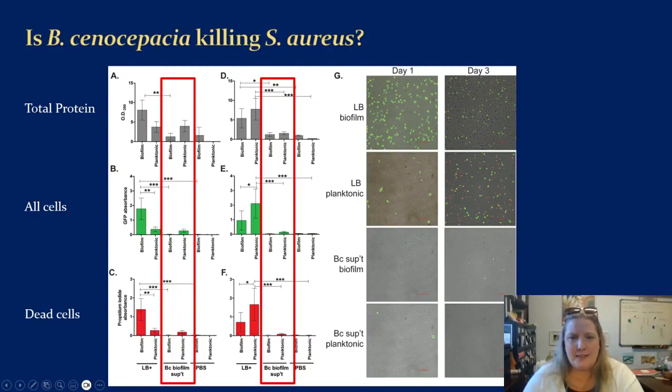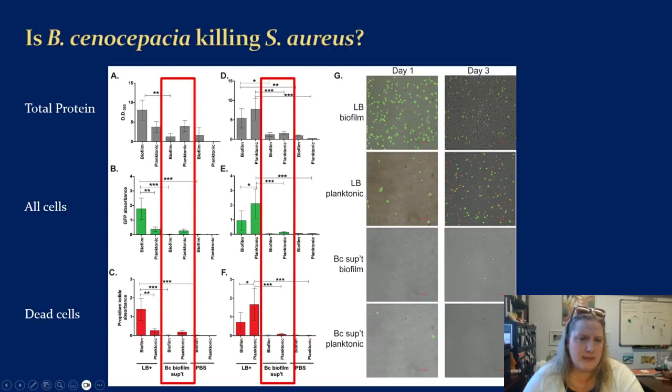So on day 1, you have lots of living Staph aureus. By day 3, some of those have started to die. And this is the biofilm cells and the floating planktonic cells on top of that. When you quantitate this, you can see that those have pretty robust measurements for total protein. There are many more living cells in the biofilm on day 1.